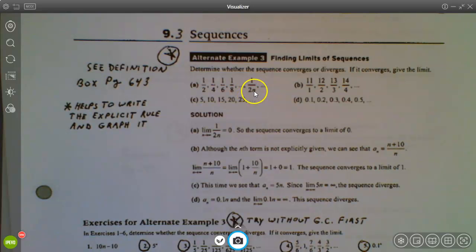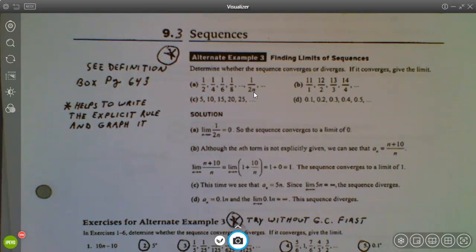So the idea is, as n gets bigger, what do my answers look like? Well, n is on the bottom of a fraction. As the denominator of a fraction gets bigger, what happens to the overall value of this number? Well, as the denominator gets bigger, the value gets smaller, right?